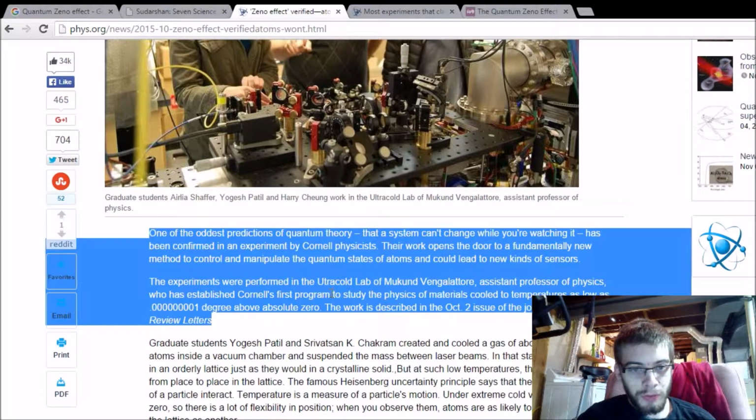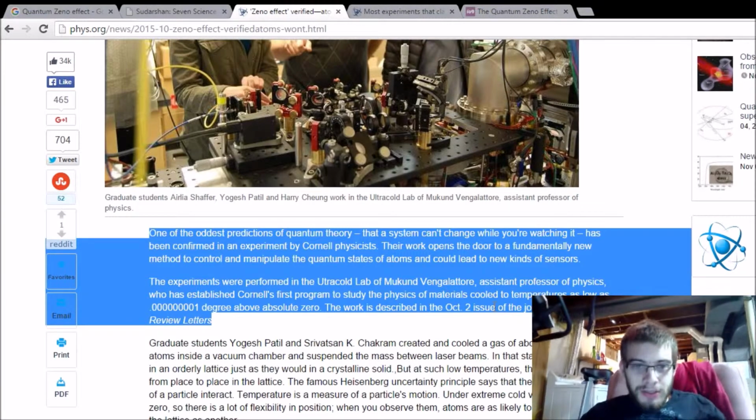Here it says, the experiments were performed in the ultra-cold lab of Mukund Vengalattore, assistant professor of physics, who has established Cornell's first program to study the physics of materials cooled to temperatures as low as 0.00000001 degrees above absolute zero. The work is described in the October 2nd issue of the journal Physical Review Letters.